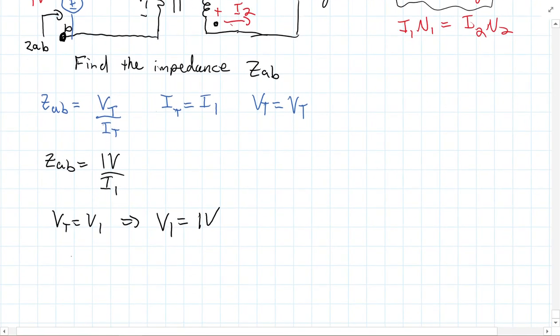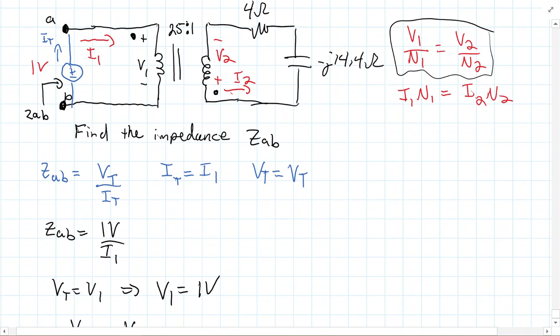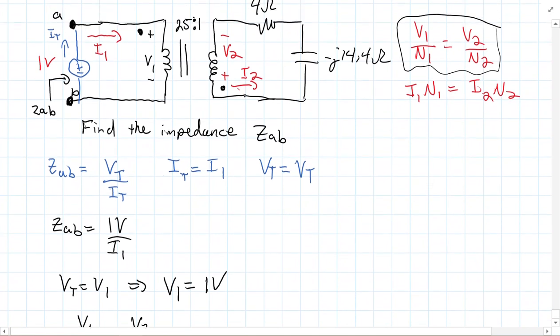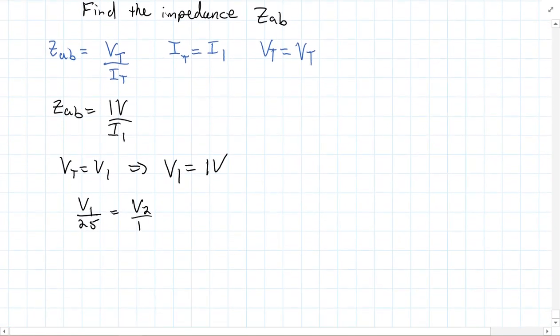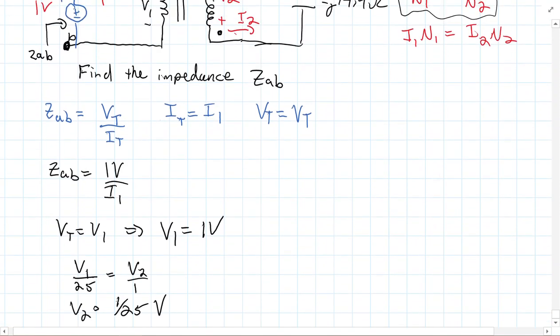So I'd have that V1 over 25 is equal to V2 over 1. Right? Because that's just what I have here with my ratios. And so plugging this in, we simply get V2 is equal to 1 over 25 volts. It's 1/25 of a volt.